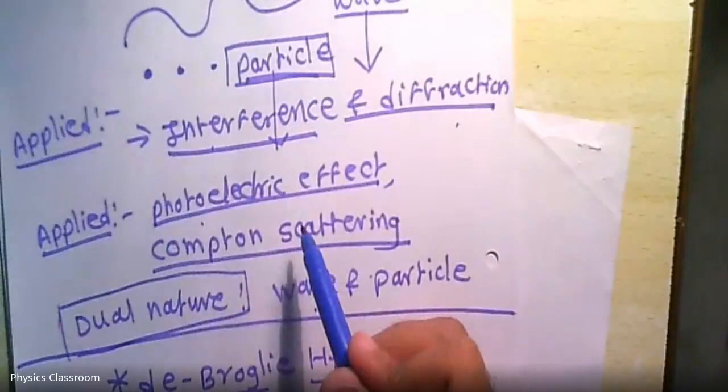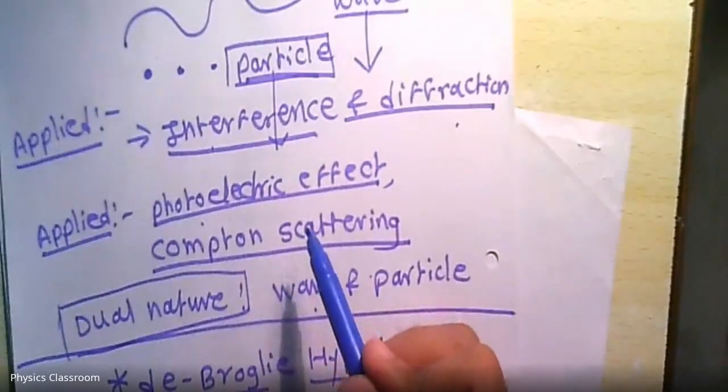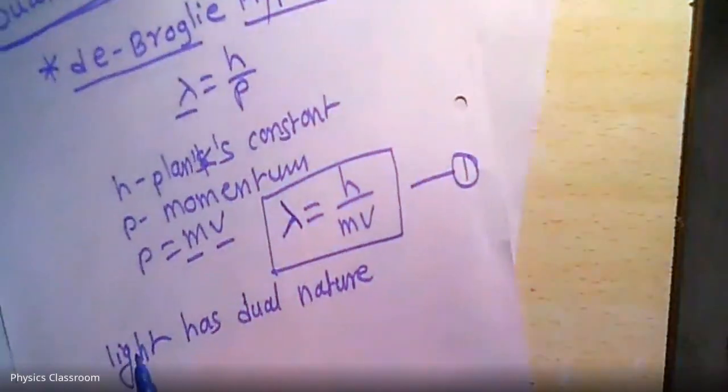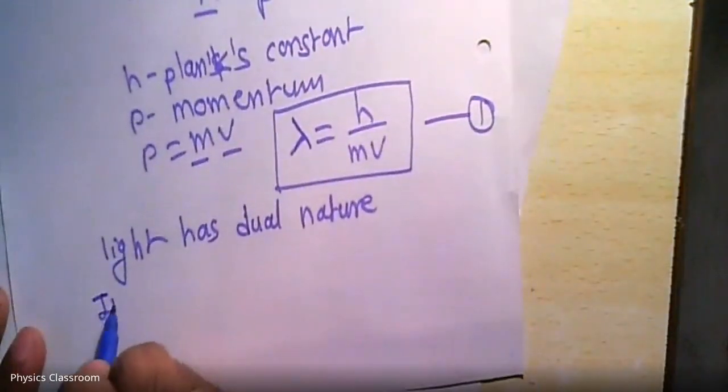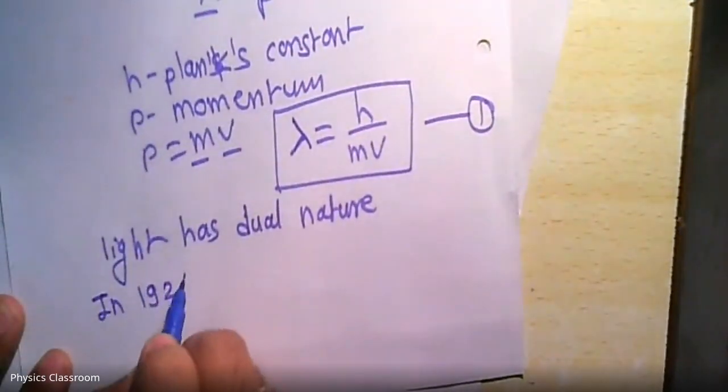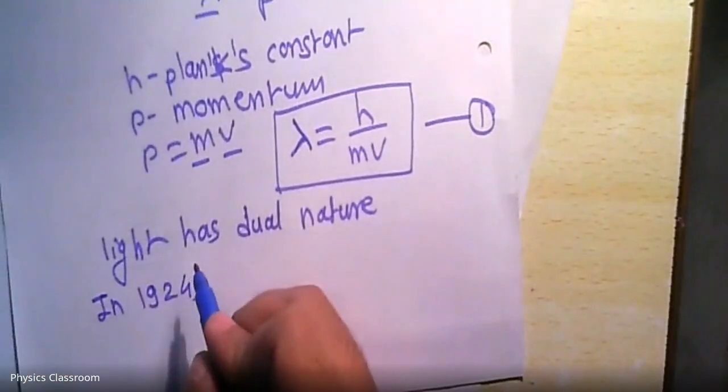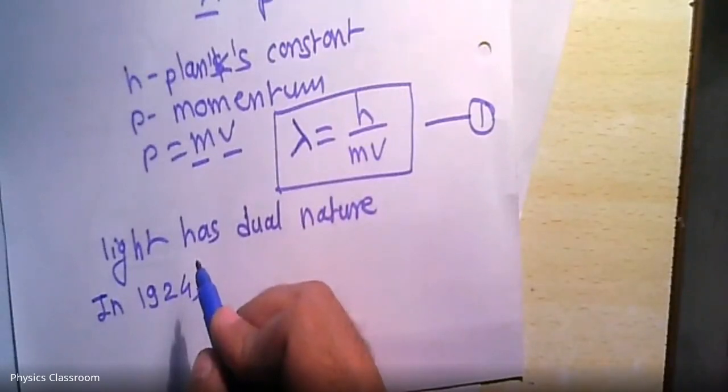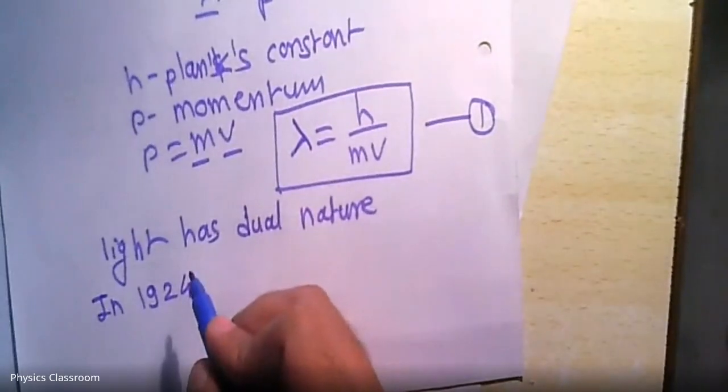But in 1924, de Broglie put forward the suggestion that matter, like radiation, has dual nature. Matter is made up of discrete particles, atoms.